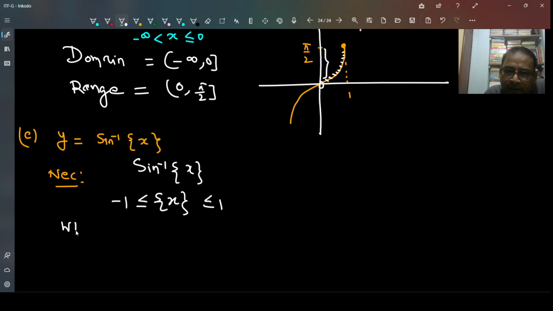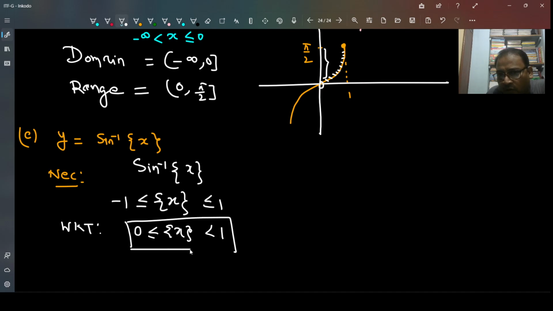But we know that the fractional part of x is always less than 1 and greater than or equal to 0.